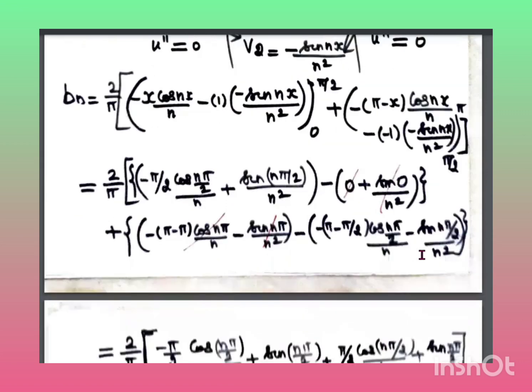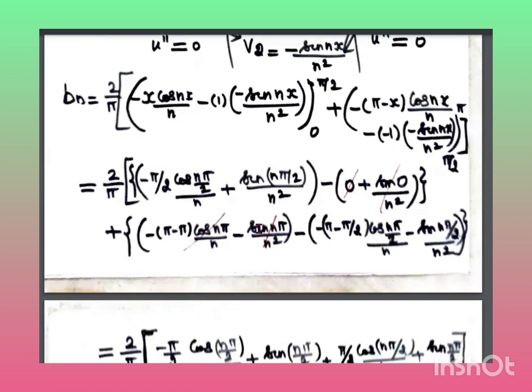Therefore, in the first integral, you have to substitute the upper limit pi by 2 as well as the lower limit. In the second term, you have to substitute pi and then pi by 2.